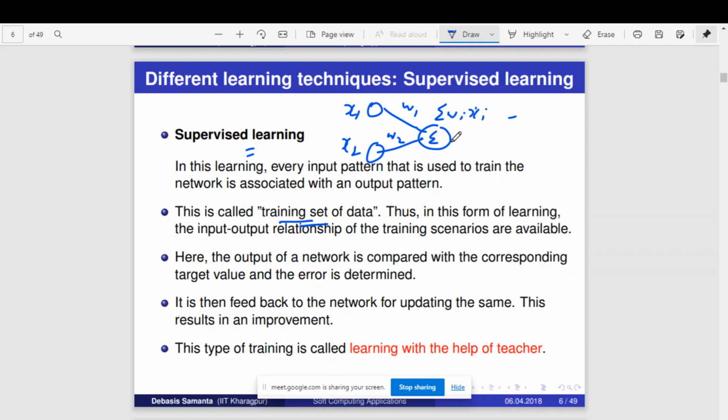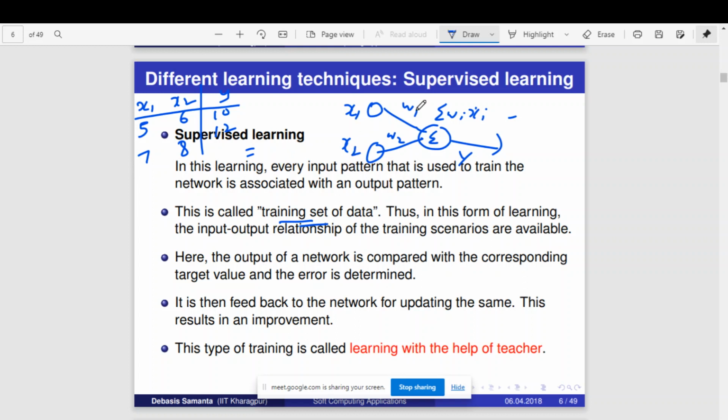This is the output we want to find, and these are the weights we want to calculate. So these are the two inputs x1 and x2 and this is the output y. Let us assume that if x1 is 5 and x2 is 6, the output should be 10. If x1 is 7 and x2 is 8, the output should be 12. Let us assume these are two data points alone. This is one data point, this is another data point.